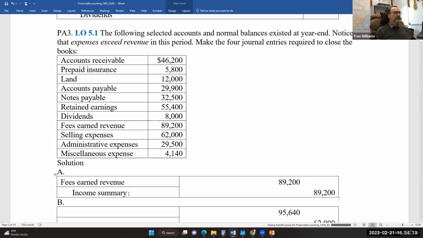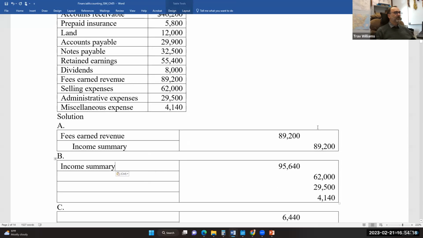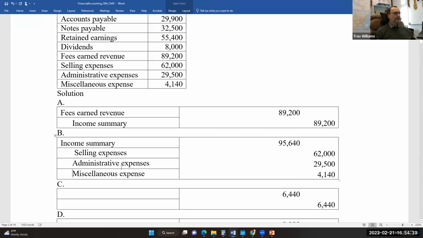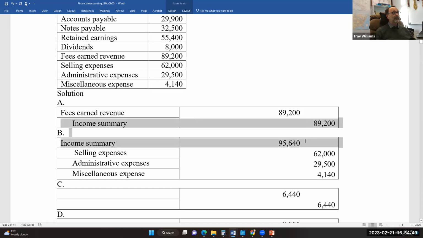Then we close out our expenses. We do that by debiting income summary and closing out the expense accounts, which are these 3. Remember, we have to indent the accounts that we're crediting. Okay. Then step 3, remember I said sometimes it could be a little tricky? In this case, check it out, our revenues were less than our expenses.